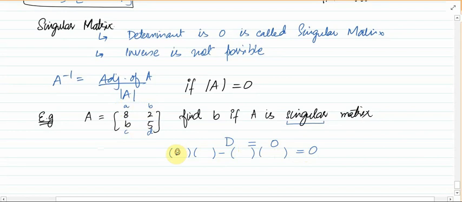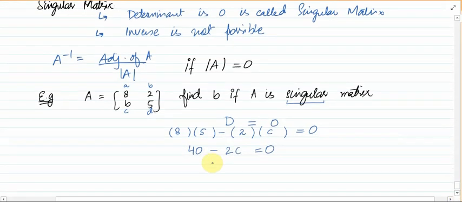So A is 8, D is 5, B is 2 and C is B. So it will be 40 minus 2C is equal to 0. If you solve it further, 40 is equal to 2C and C is equal to 40 divided by 2, that is 20. So when you have the concept of a singular matrix, you can solve such questions, right? And you can see in past papers that such questions come often.